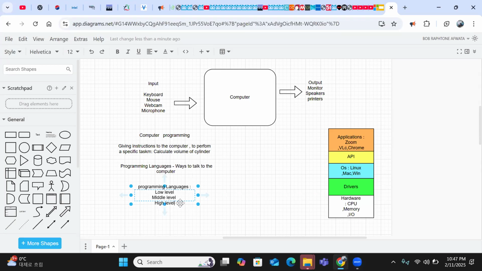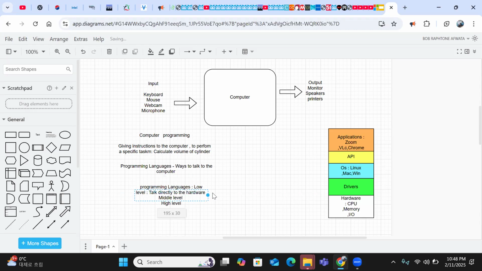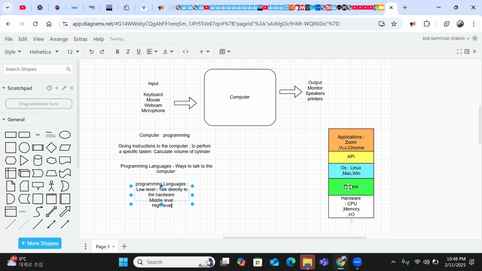Okay, so the low level, which we are going to see, in short, these ones talk directly to the hardware. Are we together? Guys, can you hear me? Yes, you can hear. The low level talks directly to the hardware.